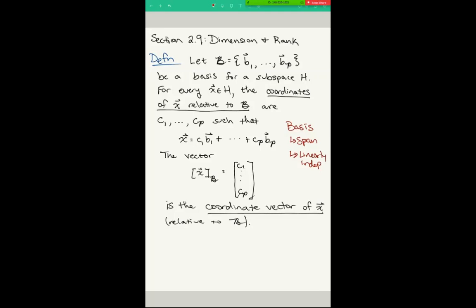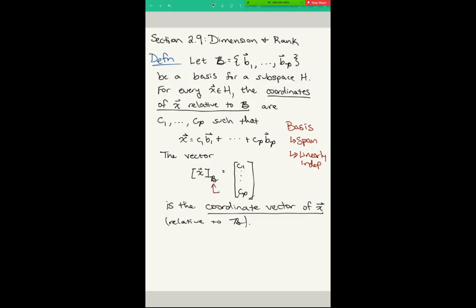So if we think of our basis vectors as our basic building blocks for our space, then our coordinates are just saying how much of each of those building blocks do I need to make x. And I can write those coordinates in a vector form, and this is the coordinate vector of x. Notice that I have this little subscript B here. This is telling me, in particular, these coordinates are relative to the basis B.